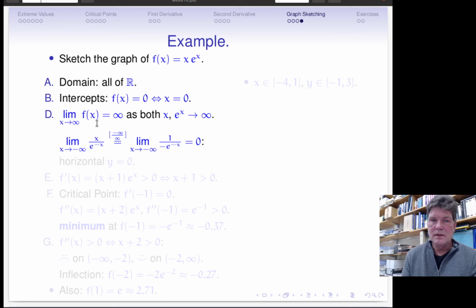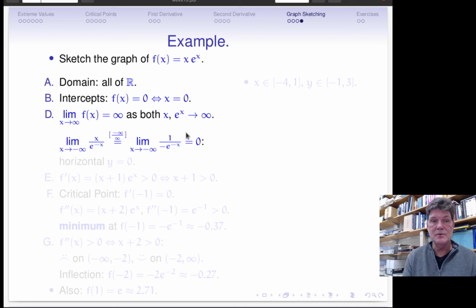So it's an expression of the form minus infinity over infinity, an indeterminate form where, as indicated at the time, L'Hopital's rule applies, and we can calculate this limit as the limit of the quotient of the derivatives.